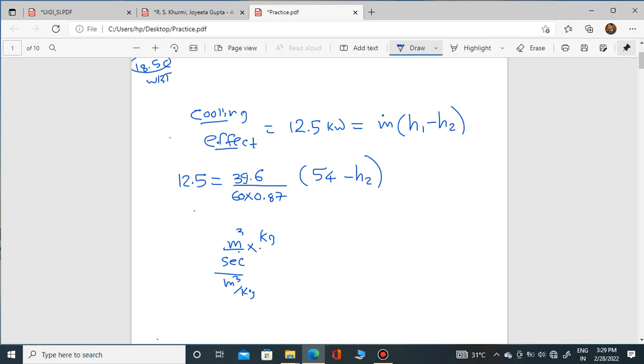Whenever it goes to the upper side it becomes kg per meter cube, so the meter cube gets cancelled and the answer becomes kg per second. That's why we divide by 60 and multiply with the specific volume, because we require the answer in kg per second. Now let us find out H2 from here, but for that we require a calculator.